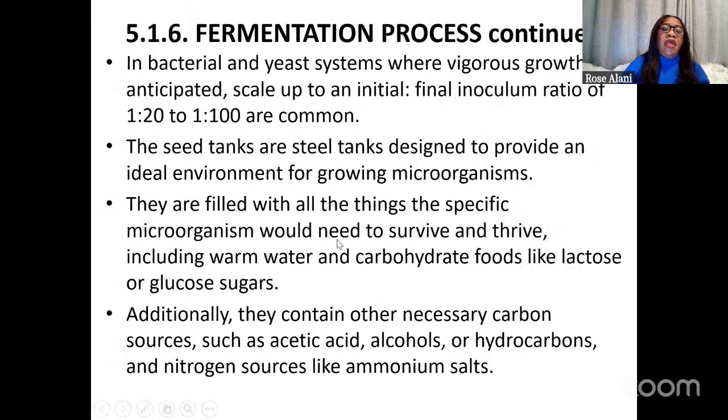And in bacteria and yeast systems, where vigorous growth is anticipated, the scaling up you will do is you scale up to an initial to final inoculum ratio.